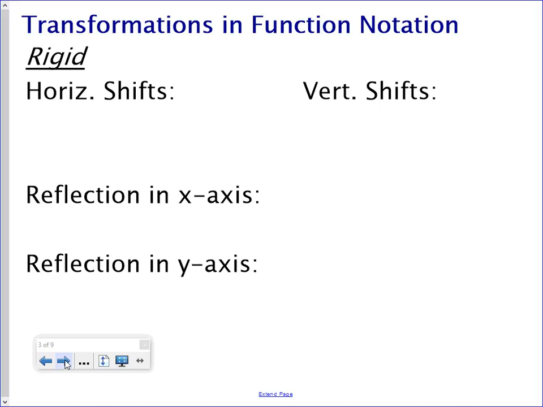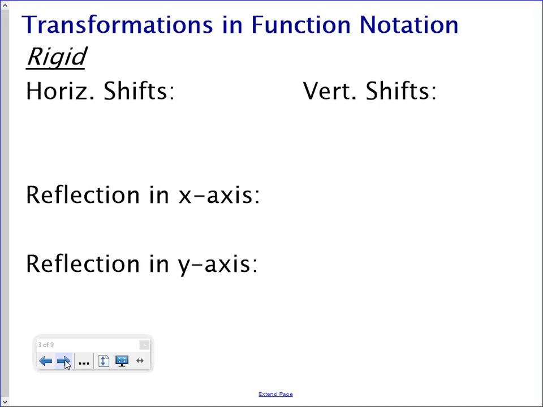When you put the number inside the parentheses with the x variable, it's changing with the x, which would be left and right. Whereas when you add or subtract something on the outside of the parentheses, then you're really adding or subtracting to the y value, which would be changing the up and the down of your function.